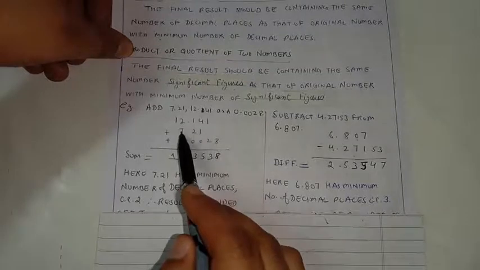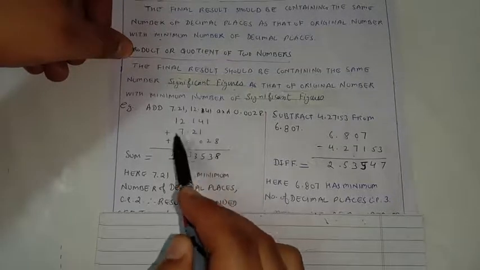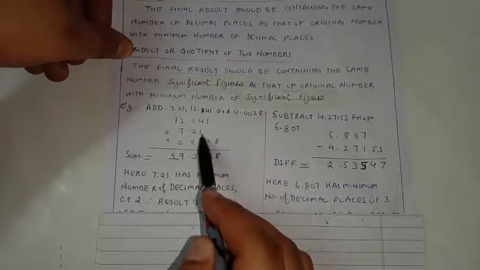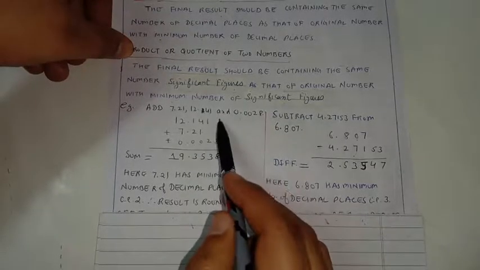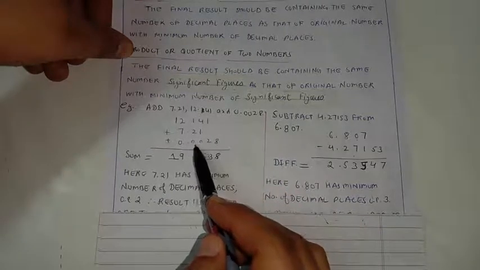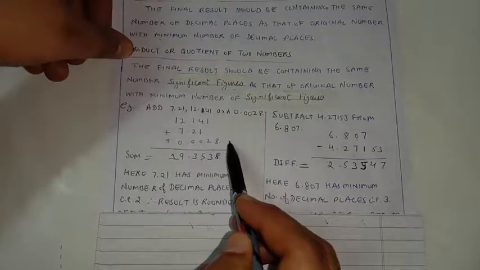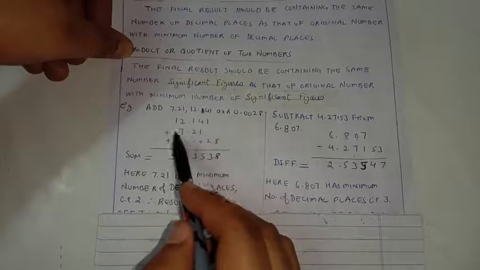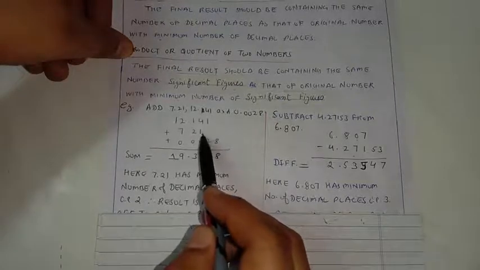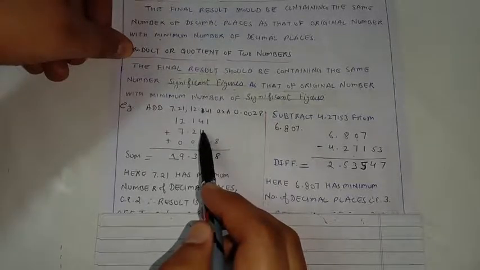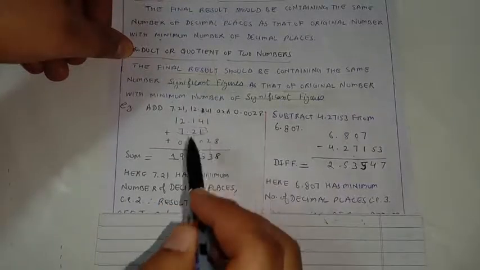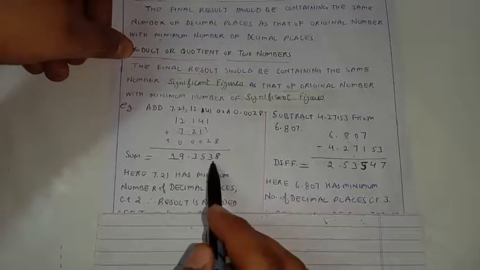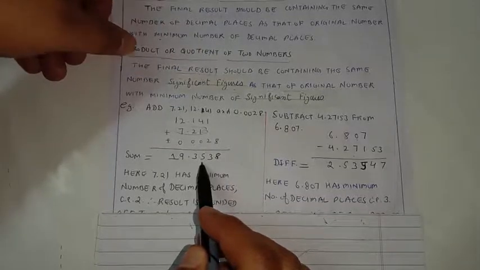Out of these three numbers, 12.141 is expressed to 3 decimal places, 0.0028 up to 4 decimal places, and 7.21 is the only number expressed up to 2 decimal places. So we have to follow 7.21, and the result has to be expressed up to only 2 decimal places.